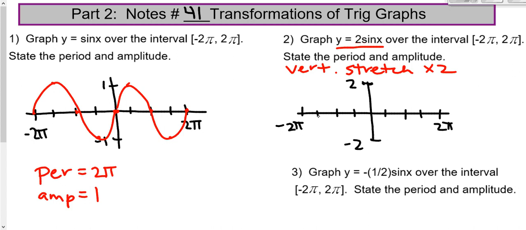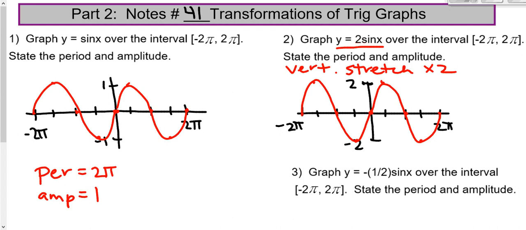Okay, from here, same thing we did before. Start at the middle, 0, 0. Go up to 2, down to 0, down to negative 2, back up to 0. And then other side as well. Middle, bottom is negative 2, middle, top is 2, and middle.